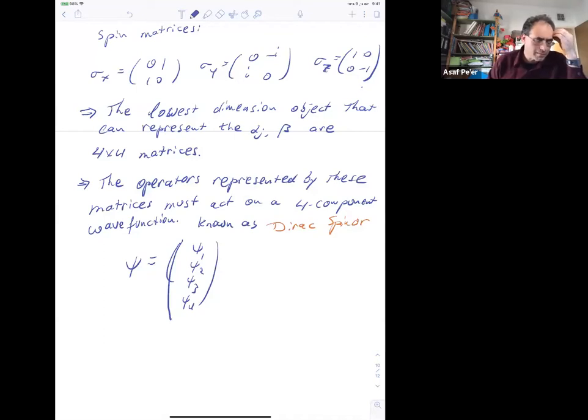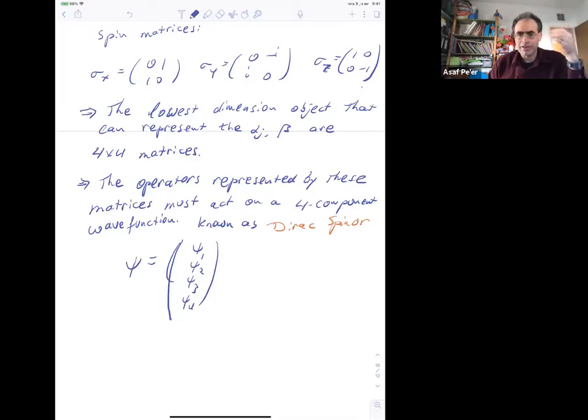So it's relativistic. And we found out that such a wave function does exist, but it must have 4 separate degrees of freedom. It's important.